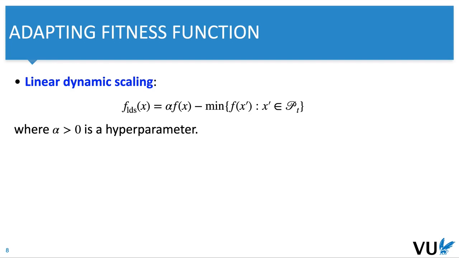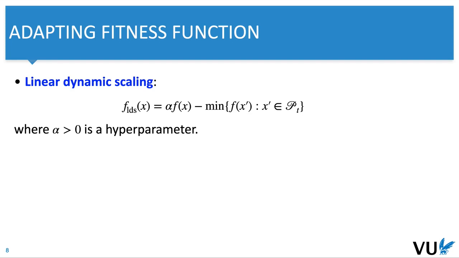The first possible solution is something called linear dynamic scaling. What does it mean? It means that we scale our original objective function with some hyperparameter alpha that is positive, and then we subtract the minimal value of the fitness function of points in our current population. All right.